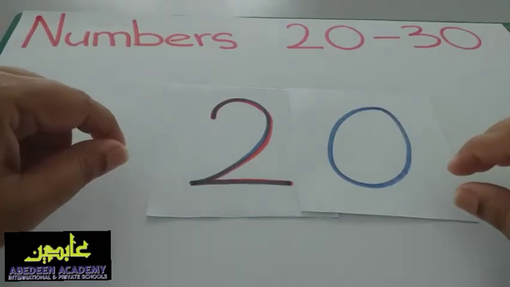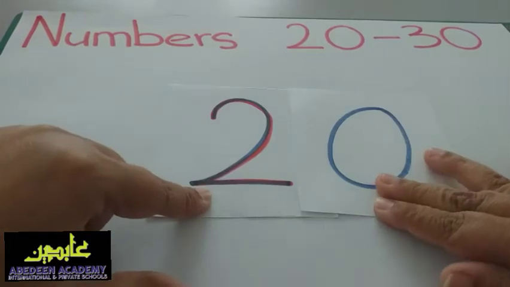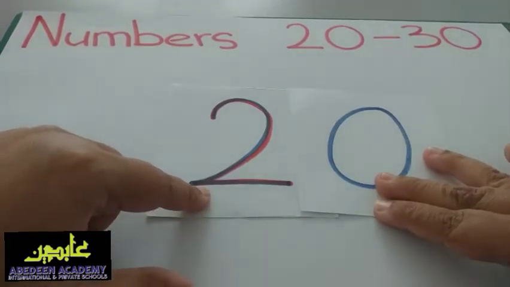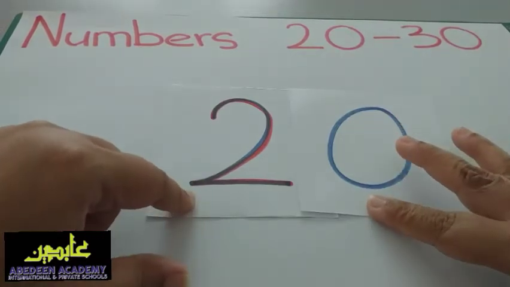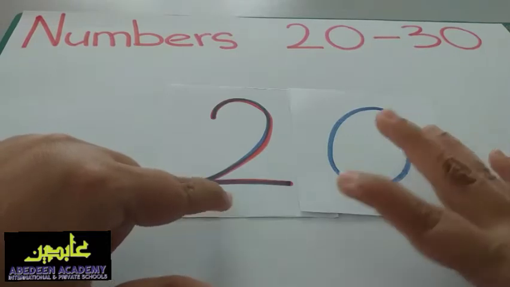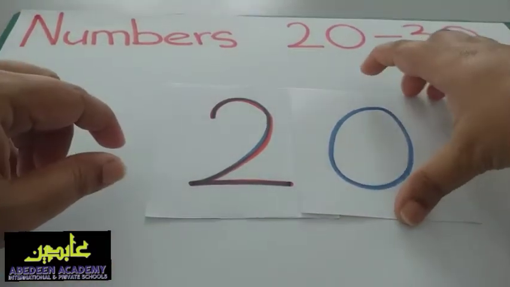So whenever there are two numbers starting with number 2, it will be 20 something. Okay, so keep that in mind. But if it is 2 and 0, it is 20. Now let me change this 0.